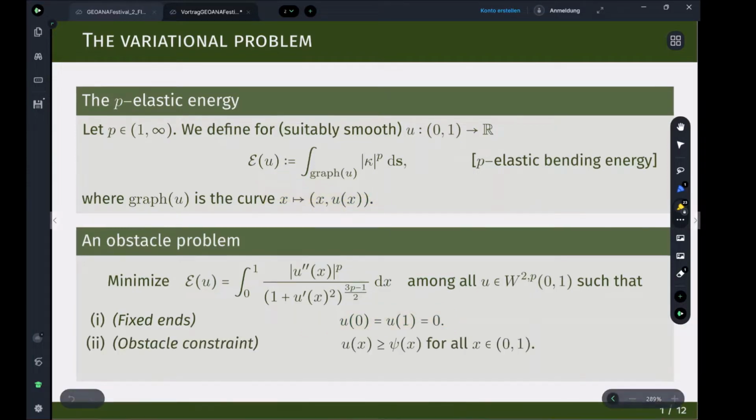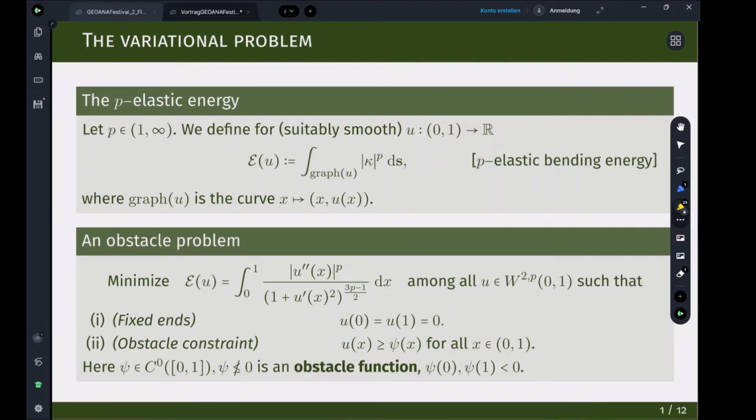And you have an obstacle constraint, and this makes an obstacle problem out of it: you require that you lie pointwise over an obstacle function, and you have some constraints on the obstacle function that you impose. Namely, the obstacle function is supposed to be continuous, and it's supposed to be non-trivial, because if it is negative, for example, you could easily take the function u identically equal to 0 as a global minimizer.